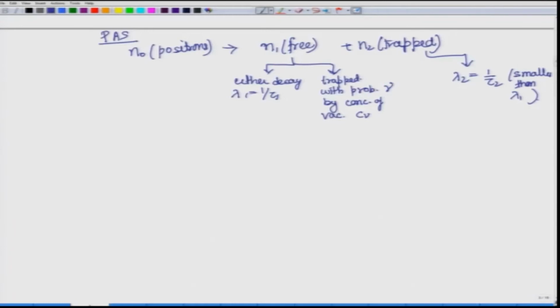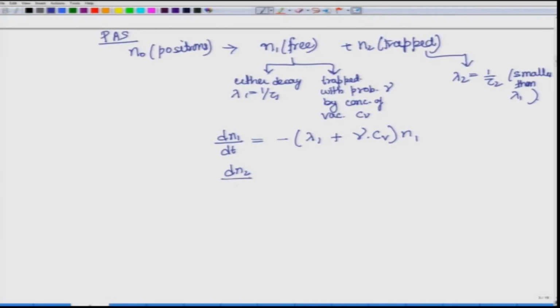So, now we have a relation, and so we can formulate it into an equation, and the equation will look like this. So, dN1 by dt is decaying, only decreasing. So, there is a minus sign ahead of it with rate constant lambda 1 times N1, but there is also it is getting converted with a probability nu times concentration of vacancy Cv. So, this term gets added, and over here we have N1.